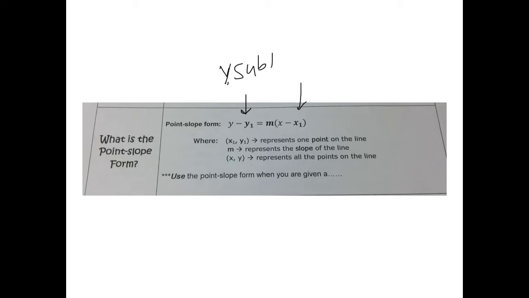So x1 and y1 are just a point, and the m is still the slope. The x's and y's will stay the same in the problem. So when we go to start doing this, we're going to plug in something right here, and right here. And then we're going to do some simplification. We're going to do some math after we do that. So we're not going to be plugging in a bunch of different places.